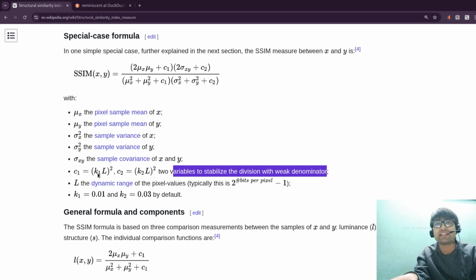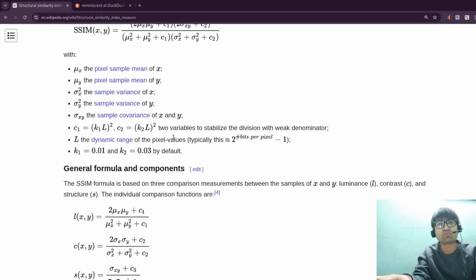given by c1 is k1 L whole square and c2 is k2 L whole square, where L is the dynamic range of the pixel. It changes based on how many bits are used to represent one pixel, typically 2 power the number of bits per pixel minus 1.